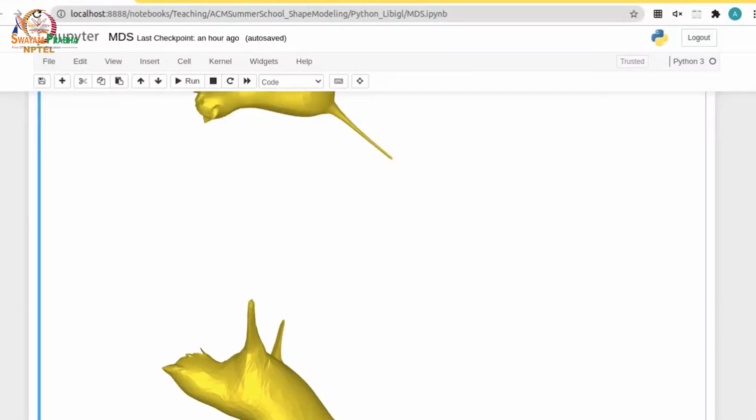Okay, Darshil has shared the plot, which is this. Let me try it.